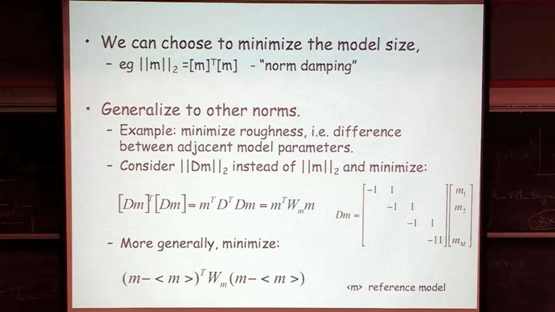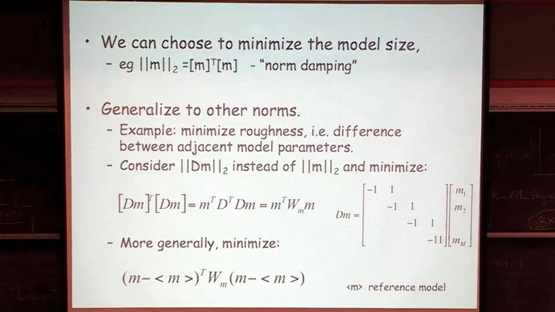And so instead of minimizing this thing, you will minimize this Dm times Dm transposed, which can be written as m transpose D transpose D m, or m transpose times a weighting matrix times m.